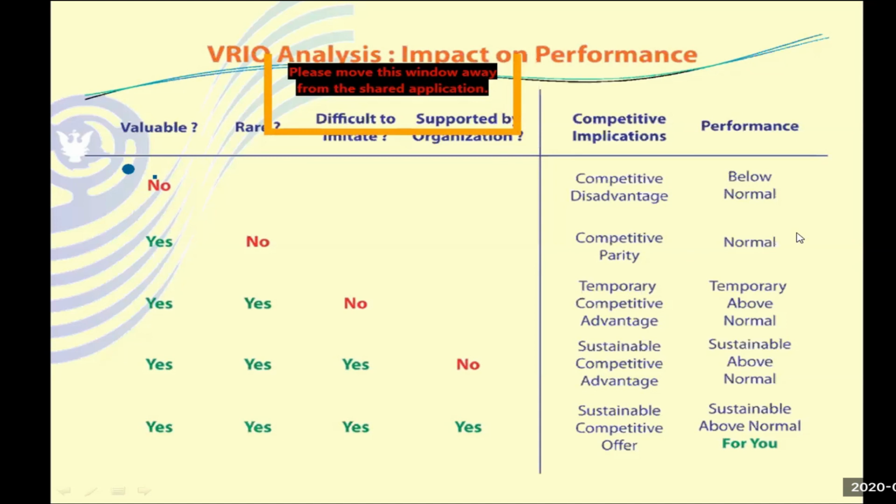When you talk about imitation, it is very difficult to imitate our location, because the place is very cold. It is good for milk cows, and it's good for milk processing. It's very difficult to imitate because some places are very hot in weather condition. Supported by the organization, we have a good management team, staff, and even board members.